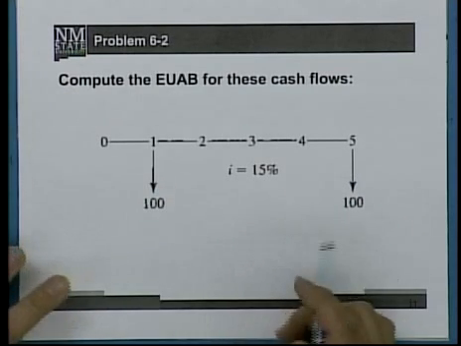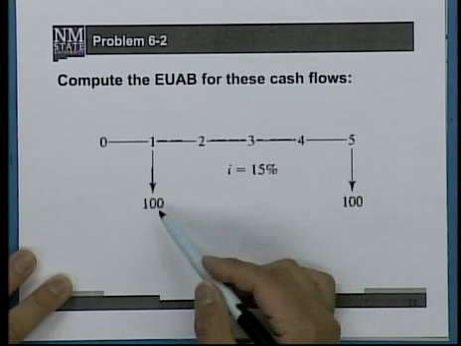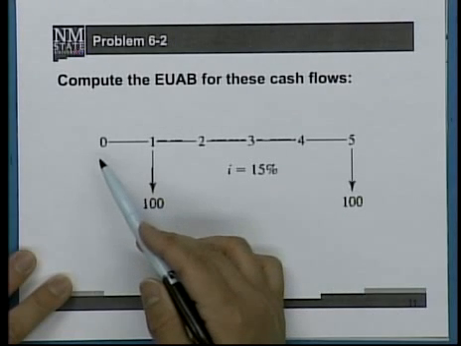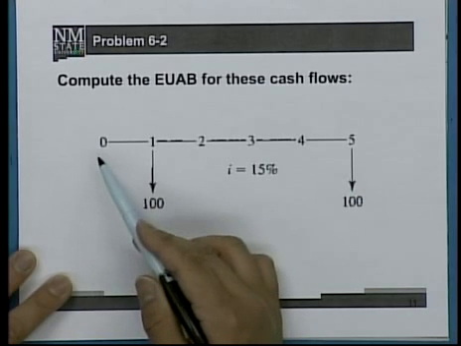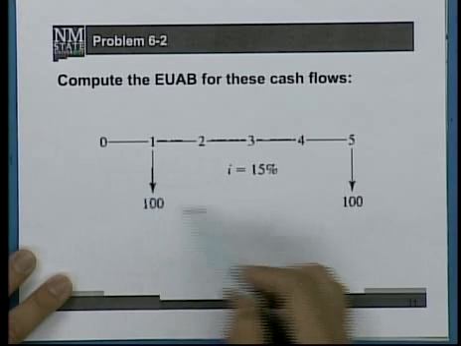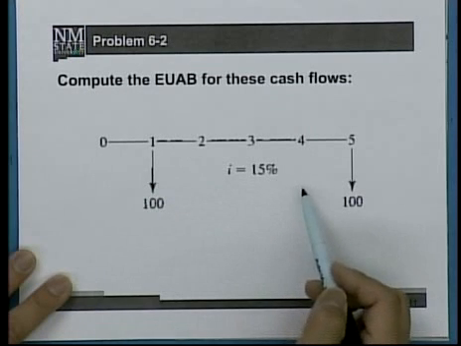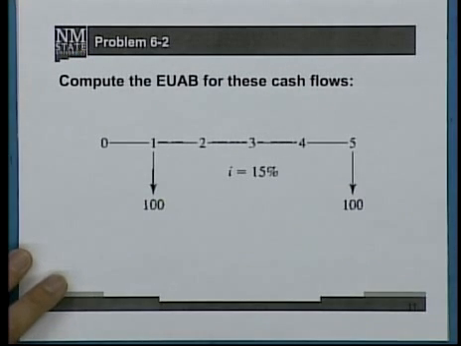I would convert each of these future money to a present worth, and then again convert the present sum P to a series of equivalent uniform end of period cash flows, which is equivalent uniform annual benefit.